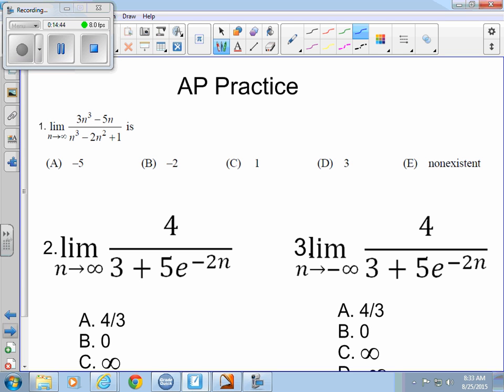I will give you a minute to try it. And when you finish the top one, try the others.